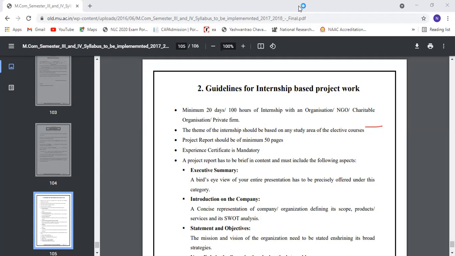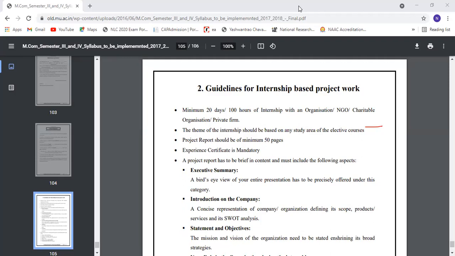So a minimum of 20 days, that is 100 hours, of internship with an organization, NGO, charitable organization or private firm. You have to do the internship. For the internship, if you require any letter from the college, we already provide you the letter. Understand? The theme of the internship should be based on any study area of the elective courses.